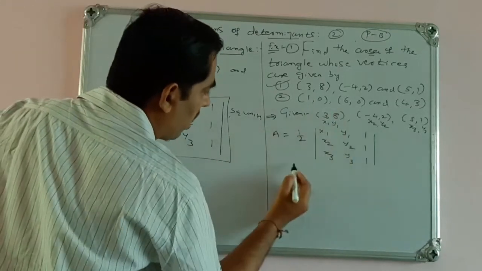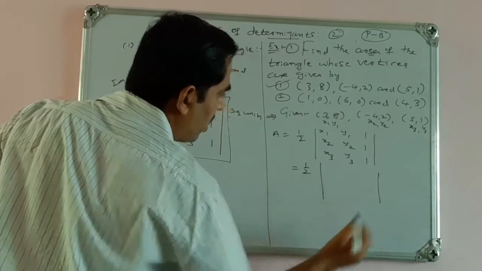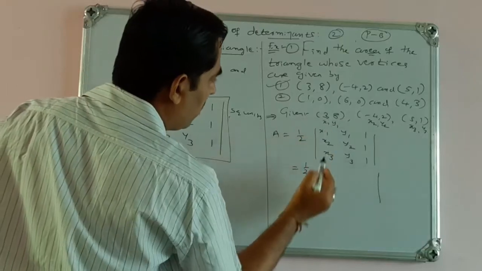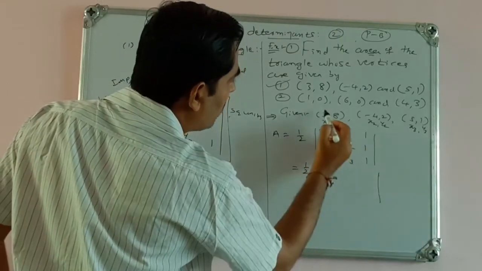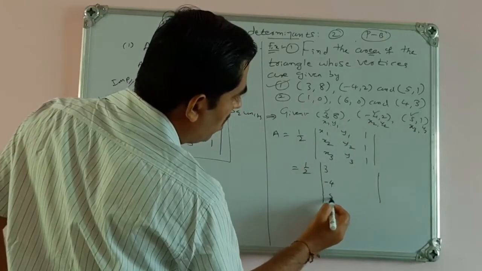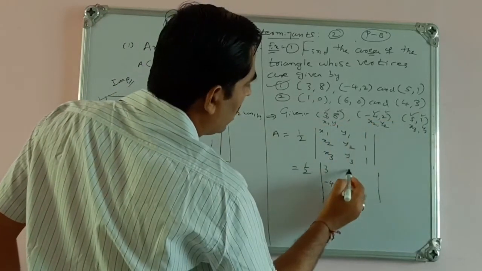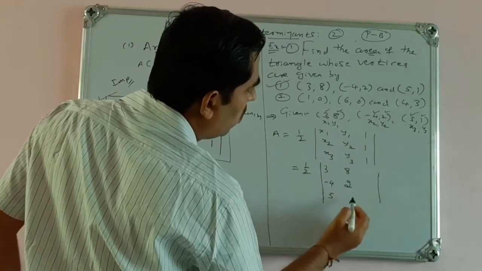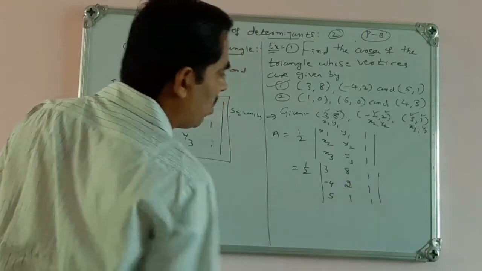We have to replace here: half determinant of, x1 is 3, so I will replace column wise. x2 is minus 4. Observe x1, x2, x3 should be written in a column: 3, minus 4, 5. Then y1, y2, y3, that is 8, 2, 1. Then in the last column I write 1, 1, 1.